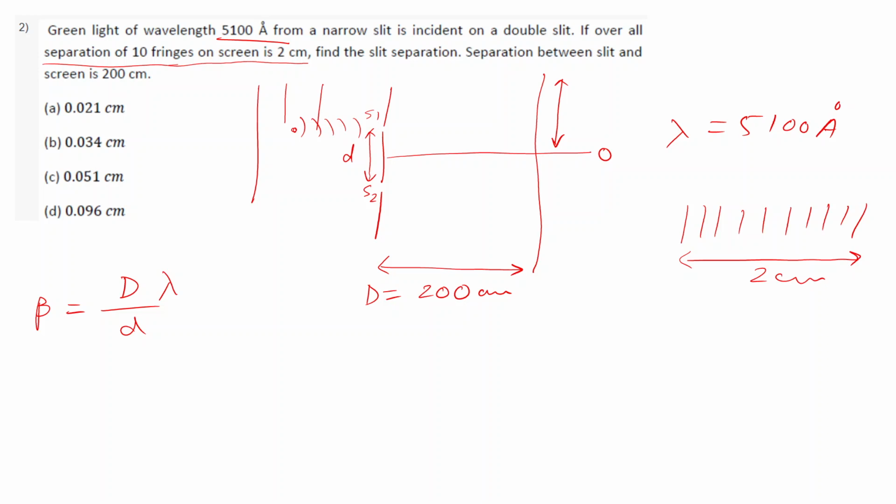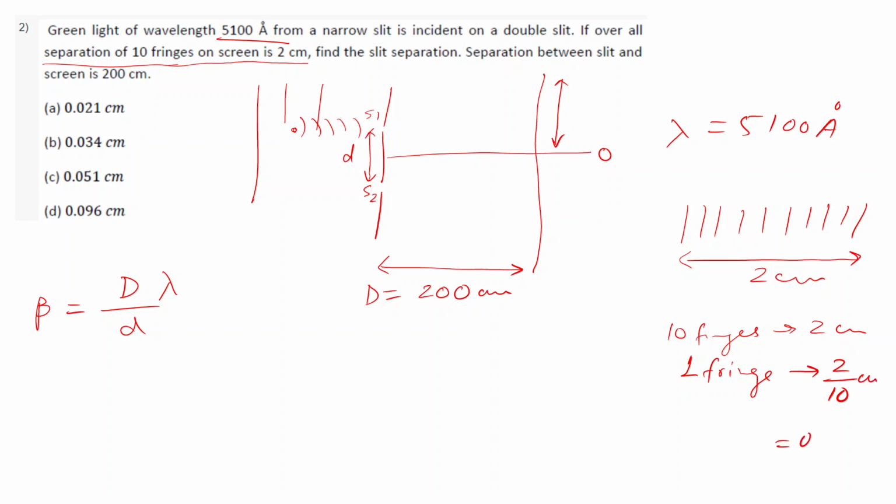That means for one fringe, because we know the fringe width is the same, especially in Young's double slit experiment, the fringe widths are the same for dark and bright fringes. If 10 fringes are covering a distance of 2 centimeter, one fringe will get 2 by 10 centimeter.